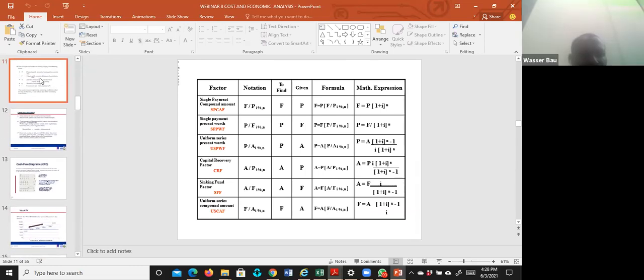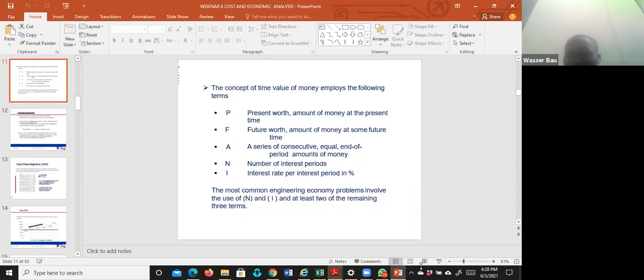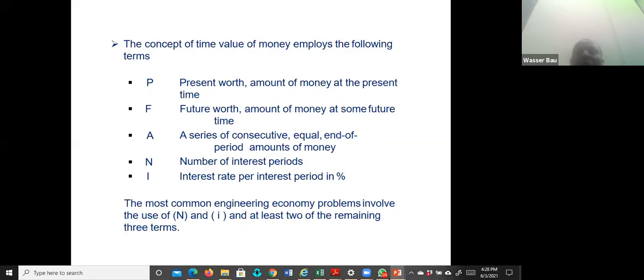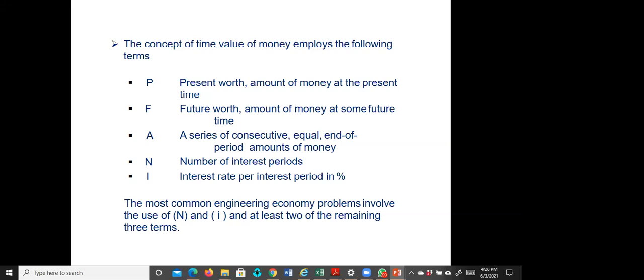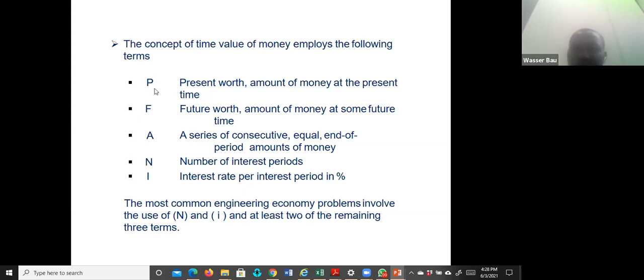Any question you are going to solve today, your job is to deconstruct and reconstruct it to know whether you're looking for P, you're looking for F, or you're looking for A. That is your job.